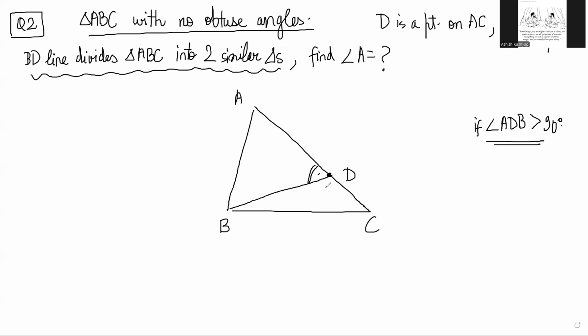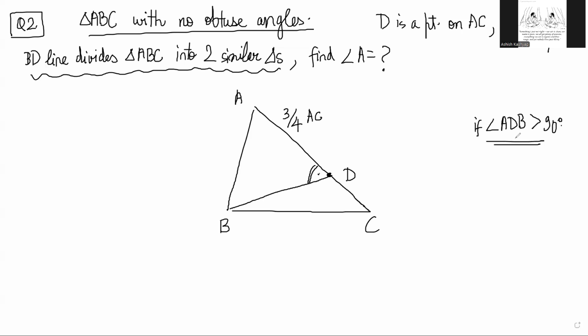It is possible. You have to think about how. You are on the right track though. Why it is not making sense, you have to figure out what will make it make sense. This AD is 3 by 4 of AC.